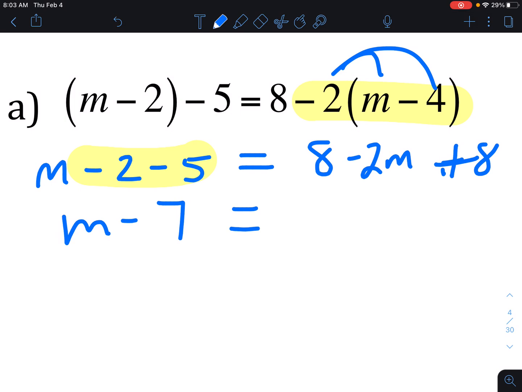Like, what is negative 2 minus 5? It's negative 7. When we're in the combine like terms phase, you do not do the opposite thing there. All right, so what's next is combine like terms on the right side as well. 8 plus 8 will be 16.